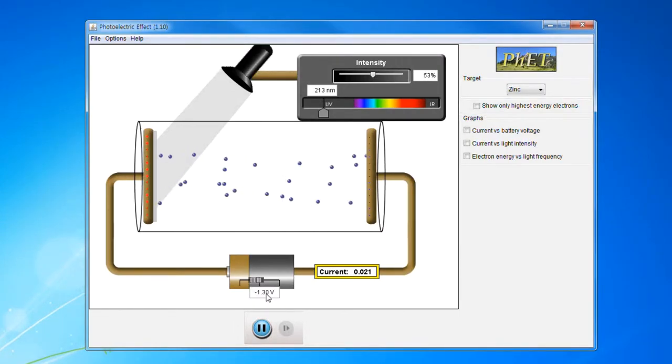Still not enough, so therefore, okay, looks okay. Which means that now if you have a different metal, then the wavelengths at which the electrons start to come out look different.